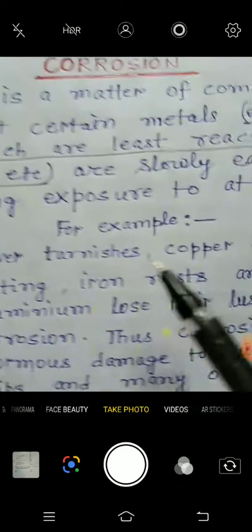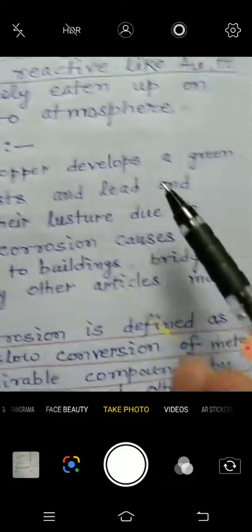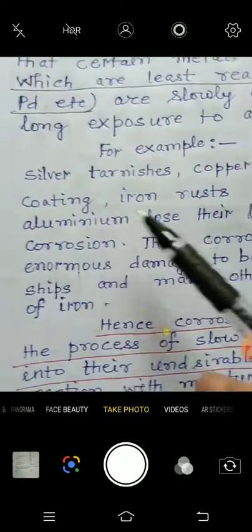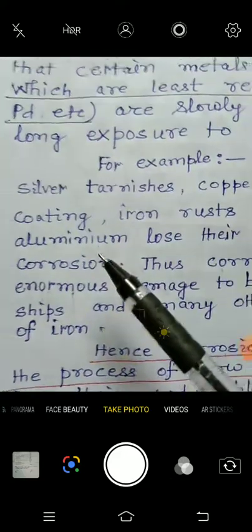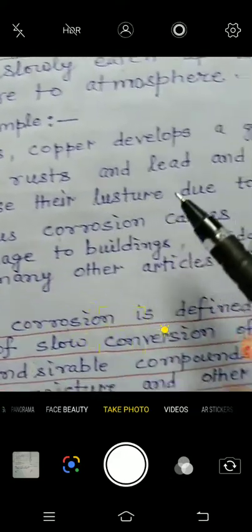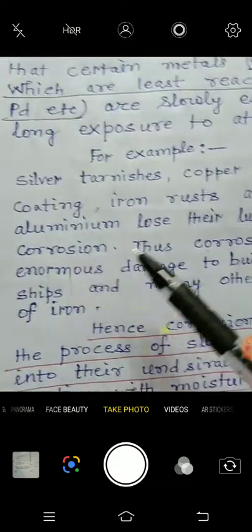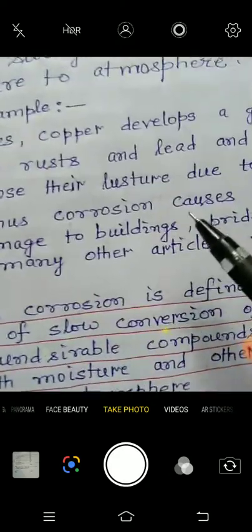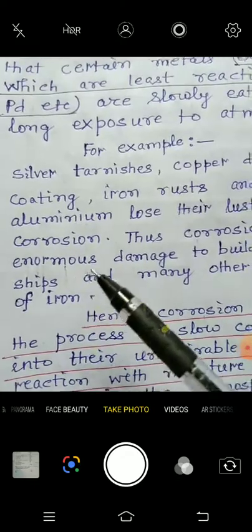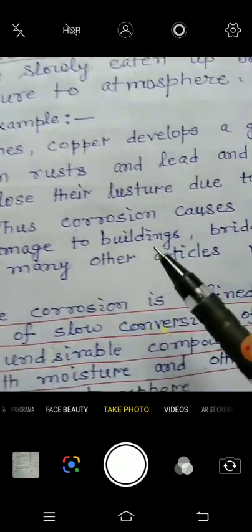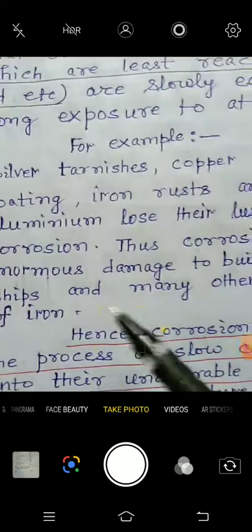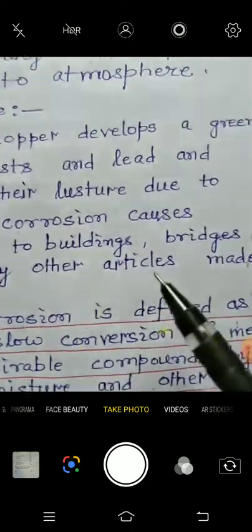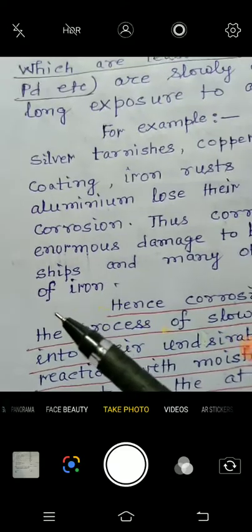For example, silver tarnishes, copper develops a green coating, iron rusts, and lead and aluminium lose their luster due to corrosion. Thus, corrosion causes enormous damage to buildings, bridges, ships, and many other articles made of iron.